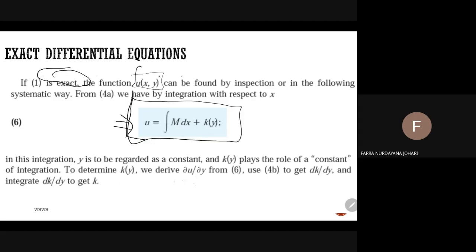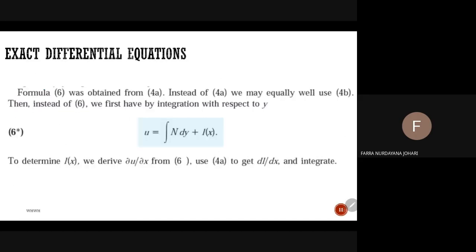So the first thing you need to do is test for exactness. Then when it is exact, you can proceed to find the solution of the differential equation, which is u of x, y, using this formula. What this k(y) is, I am going to discuss with you in our asynchronous lecture next week.